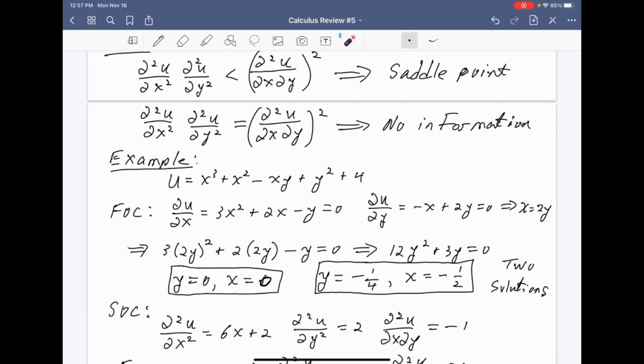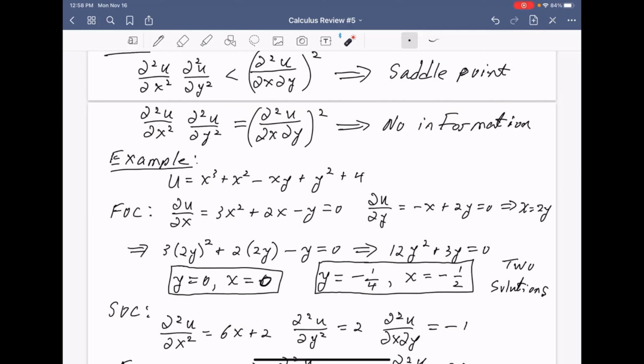We can solve for that, and we get 12y squared plus 3y equals 0, which when we get rid of one of the y's, gives 12y plus 3 equals 0, which gives us y equals minus 3 over 12. So we get minus 1/4.